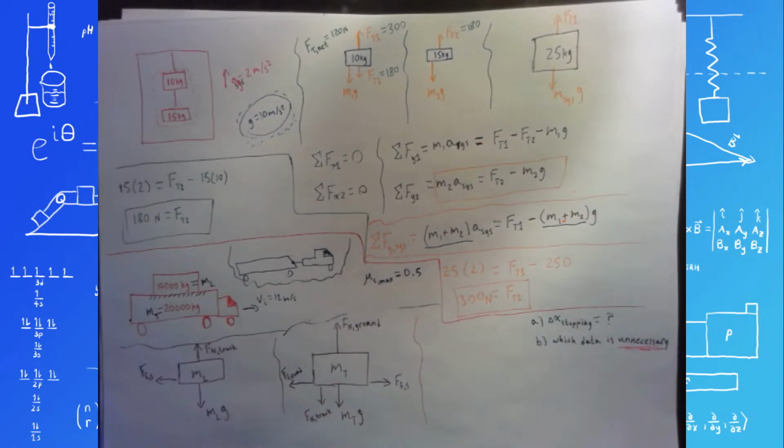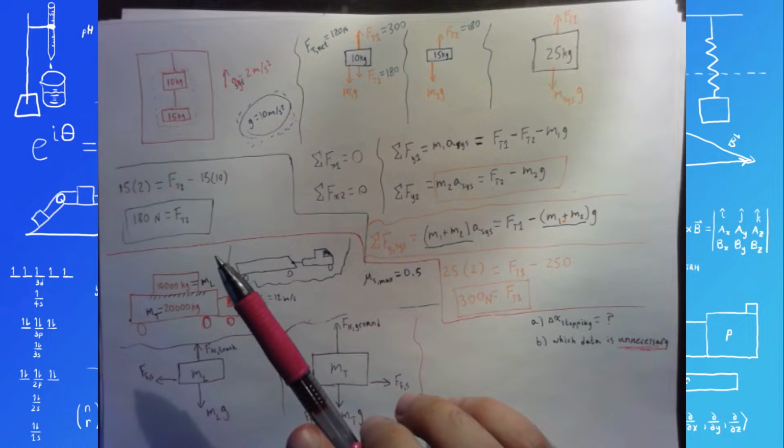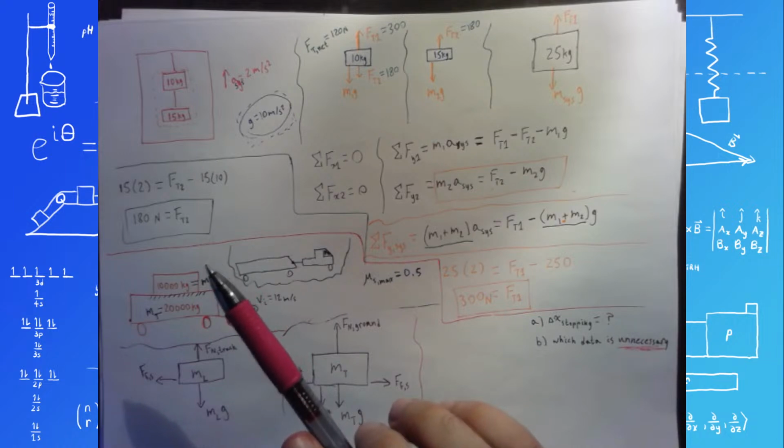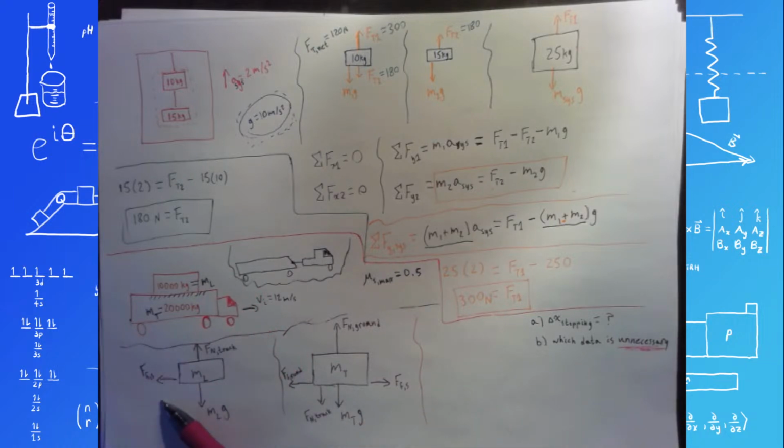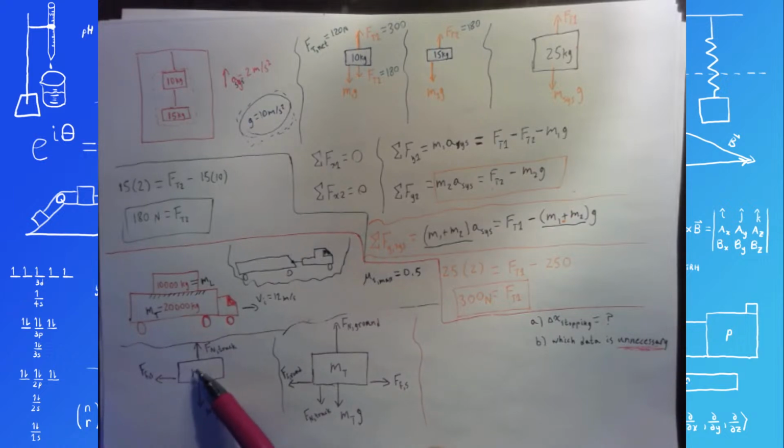Let me do one quick check and make sure I'm not forgetting anything. So both have to accelerate left. That one has a net force to the left due to static friction. There's nothing that's going to push it to the right. It starts off moving right, but that doesn't mean there's a force pushing it right.